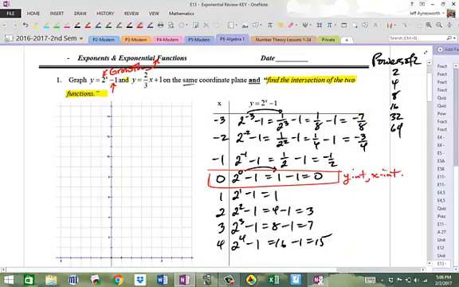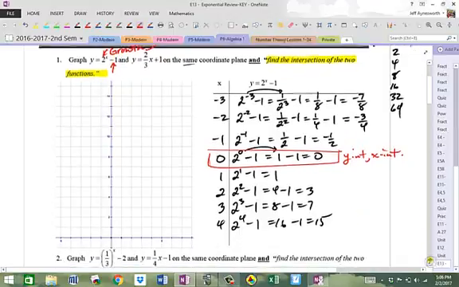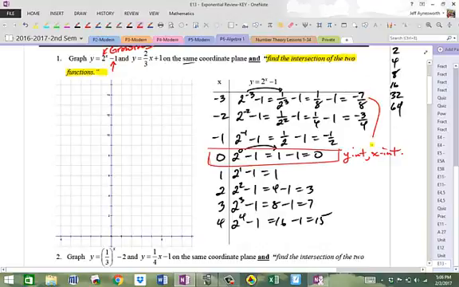And this right here will give me an idea: I'm expecting a horizontal asymptote at -1, and that makes sense because all of these range values, the y values, are greater than -1. -7/8 is close to -1, but it'll never be equal to -1. So you'll see that in the graph.